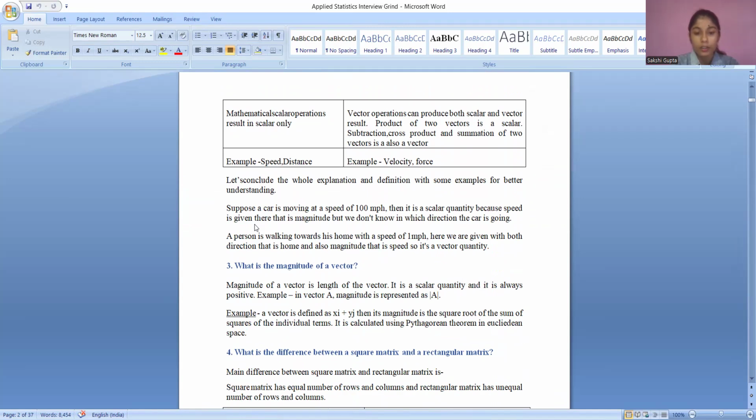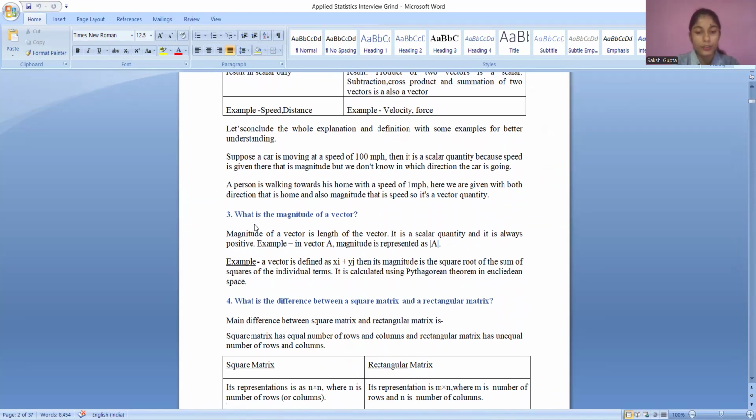Let's conclude the whole explanation and definition with some examples for better understanding. Suppose a car is moving at the speed of 100 mph, then it is a scalar quantity because speed is given, that is magnitude, but we do not know in which direction the car is going.